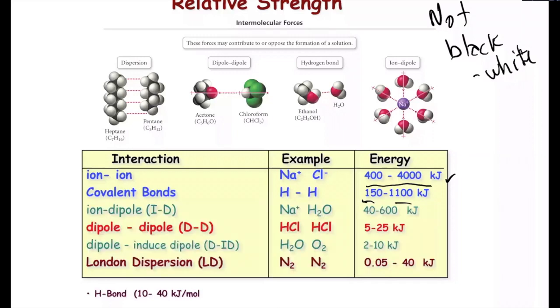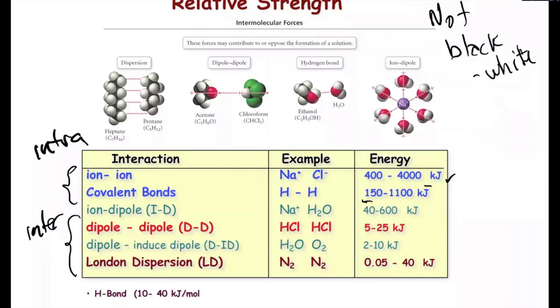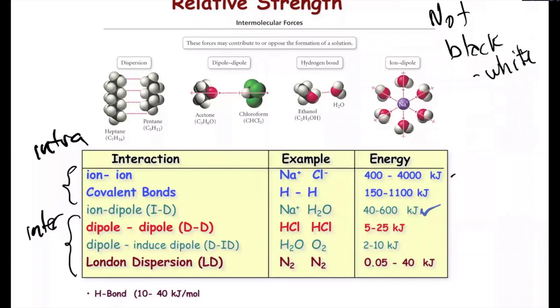And then these are the different types of intermolecular forces. So this is intra, these are inter. And notice that ion dipoles are certainly up there, 60 to 600 kilojoules. Dipole is the next strongest.